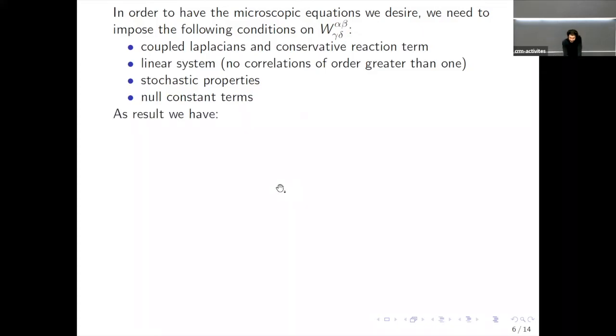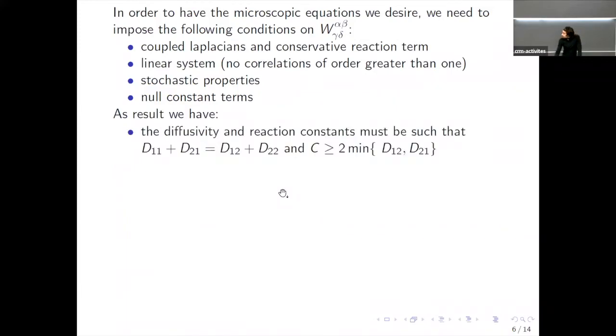As a result, in order to obtain such an action, we cannot choose the physical constants arbitrarily. In particular, the diffusivity constants have to satisfy the first constraint: the sum of d11 plus d21 must be equal to the sum of d22 plus d12. And we also have a lower bound for the reaction constant.